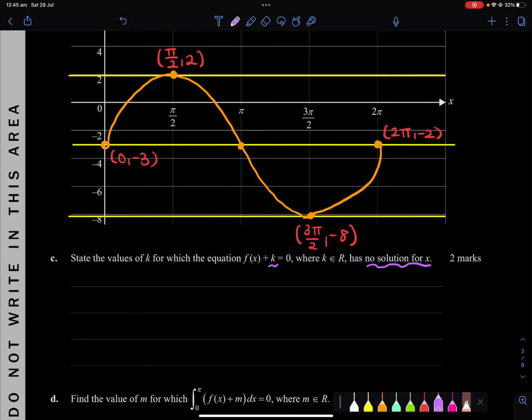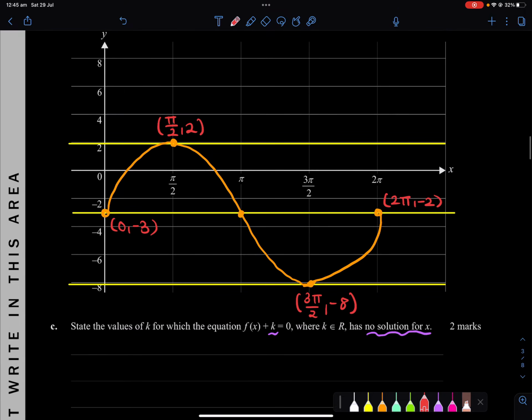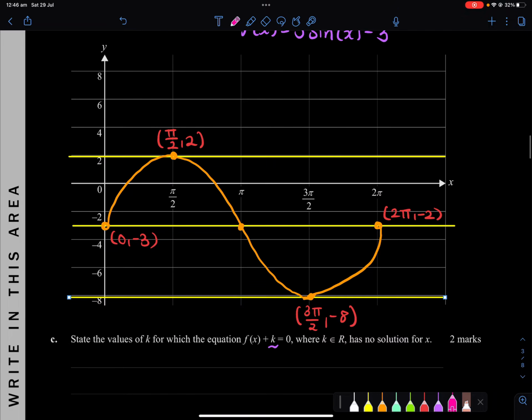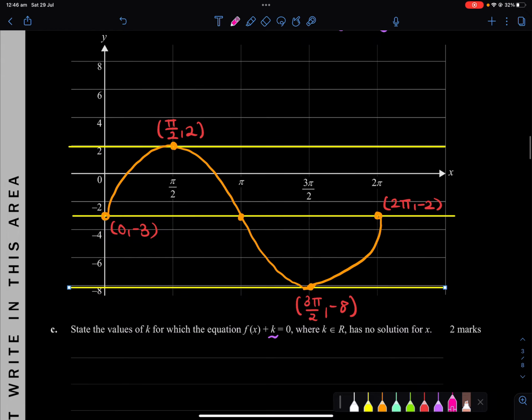So I'm just going to draw a red line over here on x equals 0. All right. I hope it's visible. I'm just going to use a different color maybe. Okay, let's just do this like this.